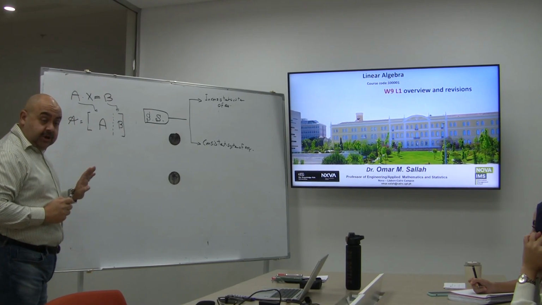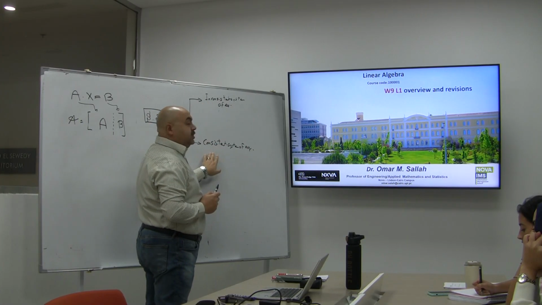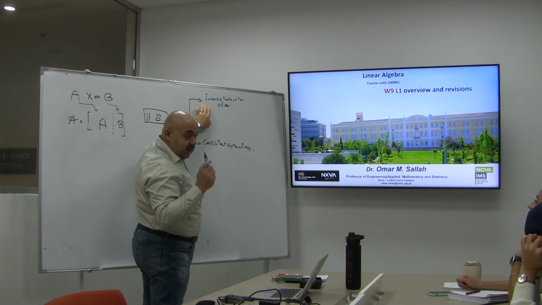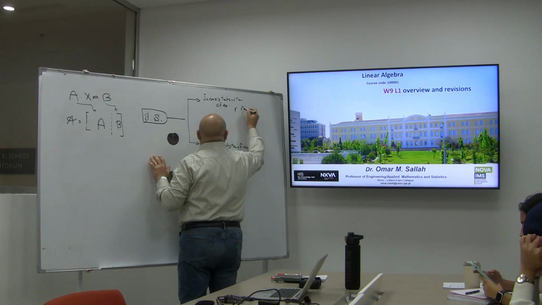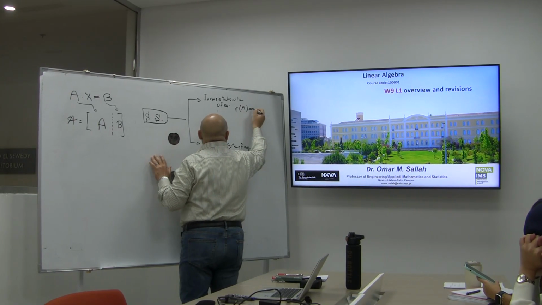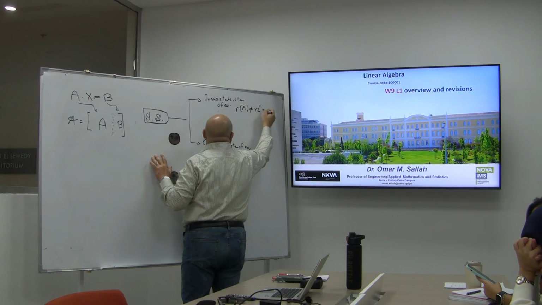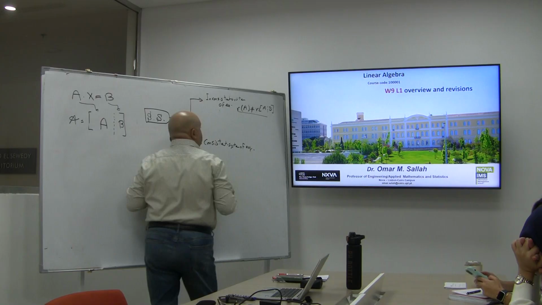The classification: I have an inconsistent system of equations or a consistent system of equations. When should I have an inconsistent system? If the rank of the coefficient matrix is not equal to the rank of the augmented matrix, which is A and B. They are not equal to each other.